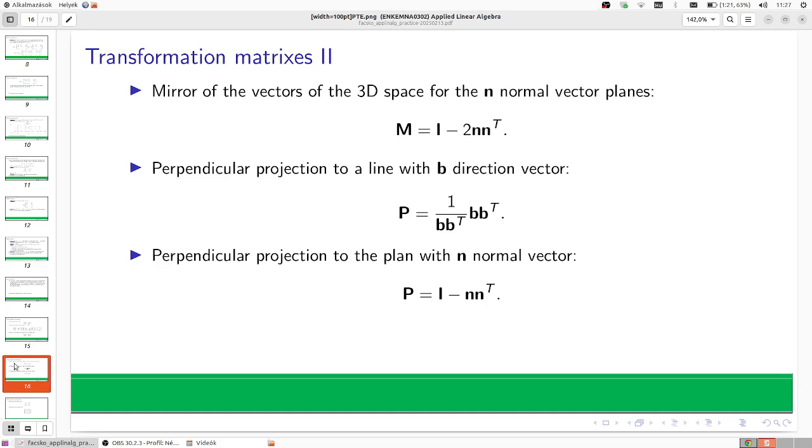The identity matrix is minus 2 times an arbitrary matrix, right? It's not an arbitrary matrix, it's from the normal. Normal means perpendicular, okay. Perpendicular to what? To the vector, right?